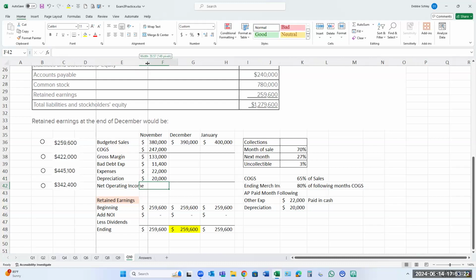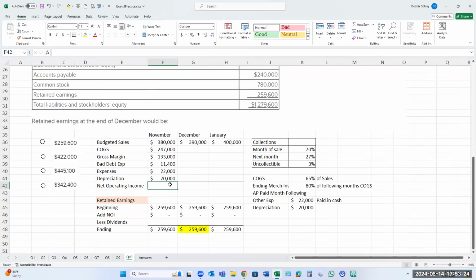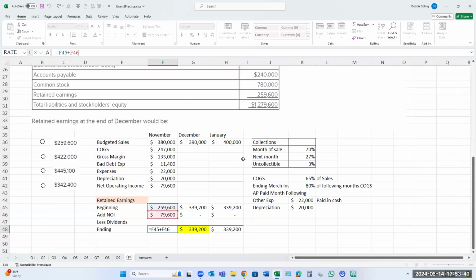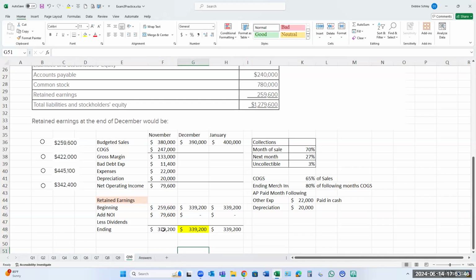So net operating income will be equal to gross margin minus bad debts minus expenses minus depreciation. And again, I just added that to my beginning balance for retained earnings right here. And then this ending becomes December's beginning retained earnings.